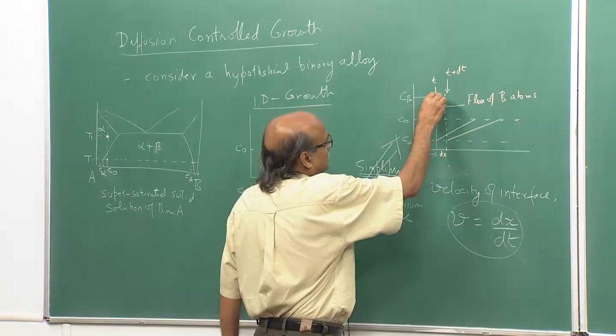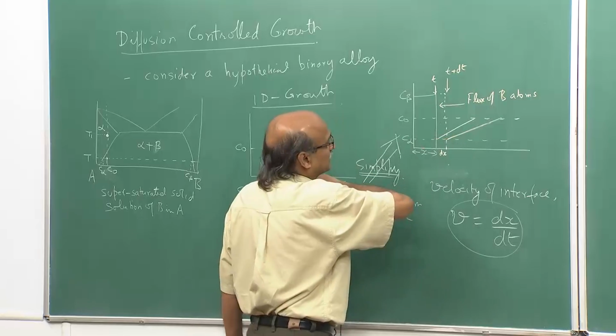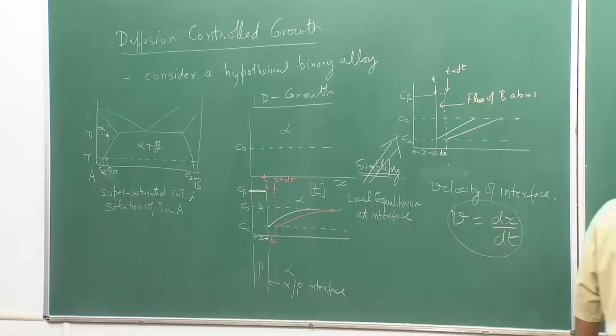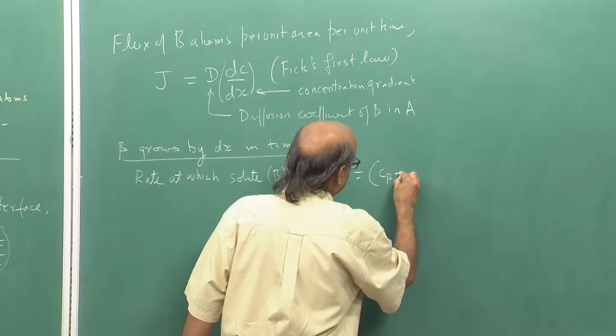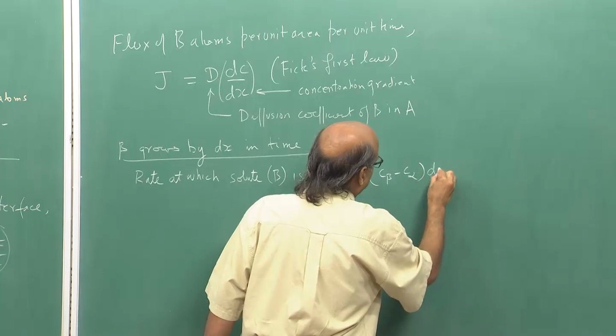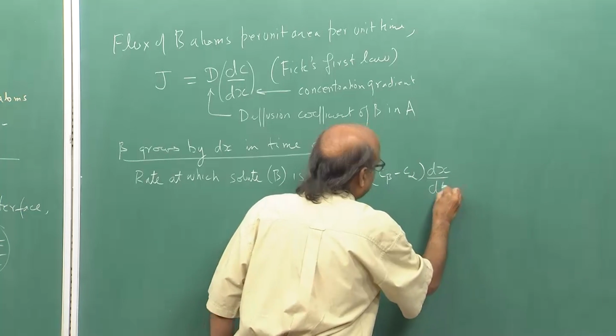So, C beta minus C alpha multiplied by dx by dt.